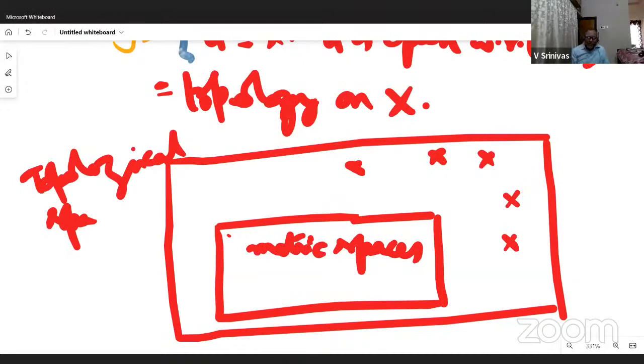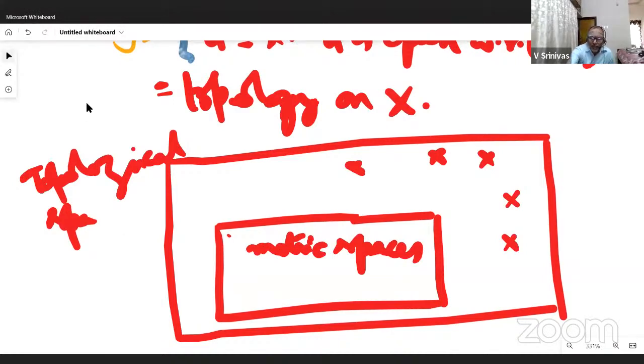Elements of tau are said to be open sets. There are certain topological spaces which are not metrizable, and you can show that they don't come out of a metric. So the set of topological spaces is larger than the set of metric spaces. That's what you have to understand. So the theory of topological spaces is something more than the theory of metric spaces.